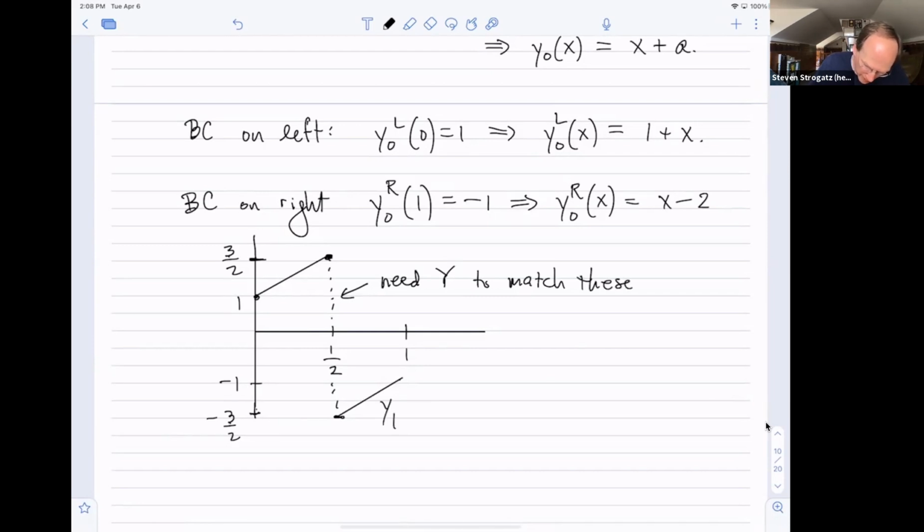Right, this one is my Y right of X, and this one is my Y left of X. I guess I was using subscripts earlier, or superscripts, sorry. L up there and right up there.